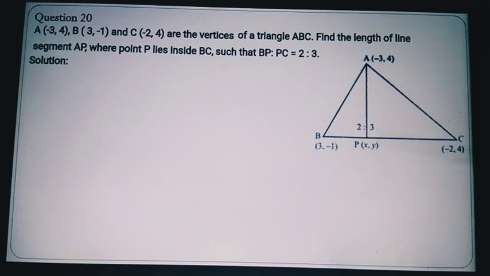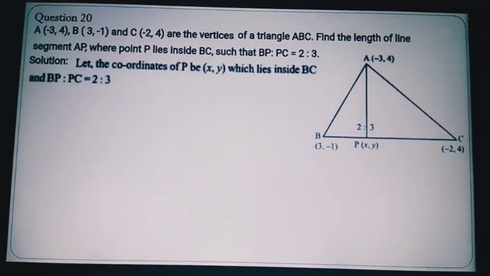We are familiar now with the section formula and the distance formula, so let's make use of this. First let us find the coordinate of P. This is my x1, y1. This is my m1, this is my m2, and this is my x2, y2.